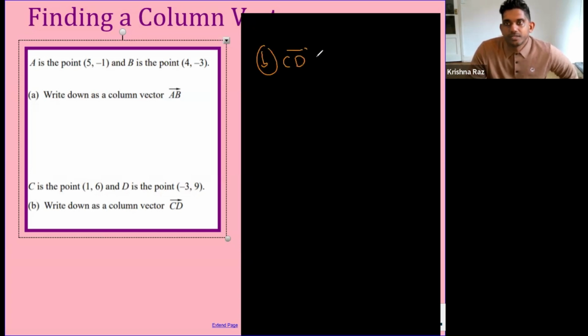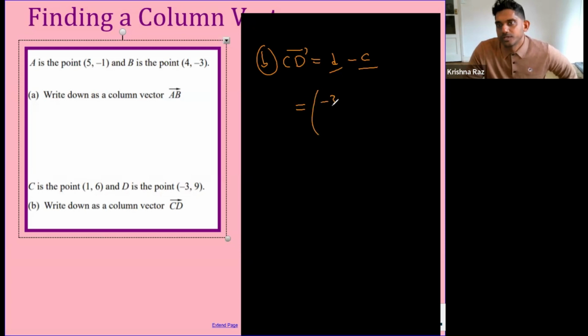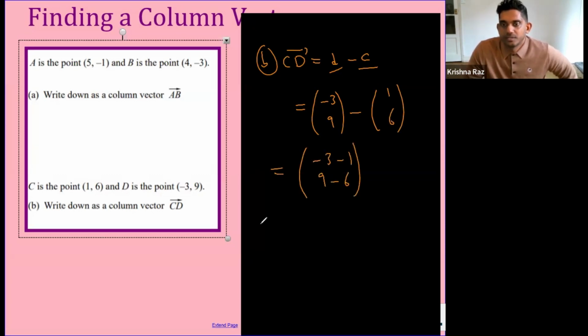Finding vector CD, that will be D take away C. So we have (-3, 9) minus (1, 6), which is -3 minus 1 and 9 minus 6. Therefore CD is (-4, 3).